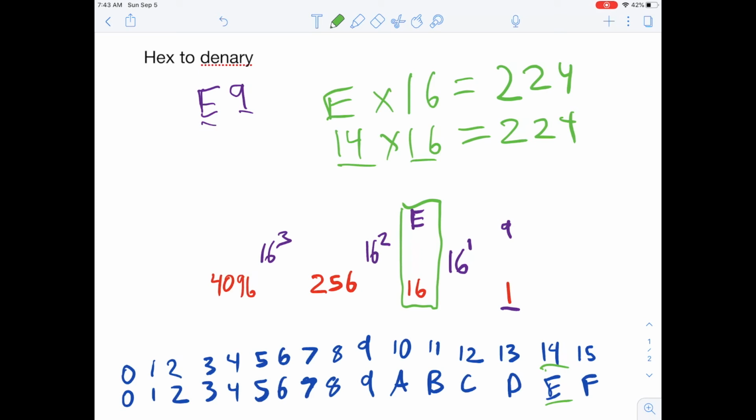And then the 9. You could think about the 9 as like times 16 to the 0 power. You're just using this 9. So it would be 224 plus 9.